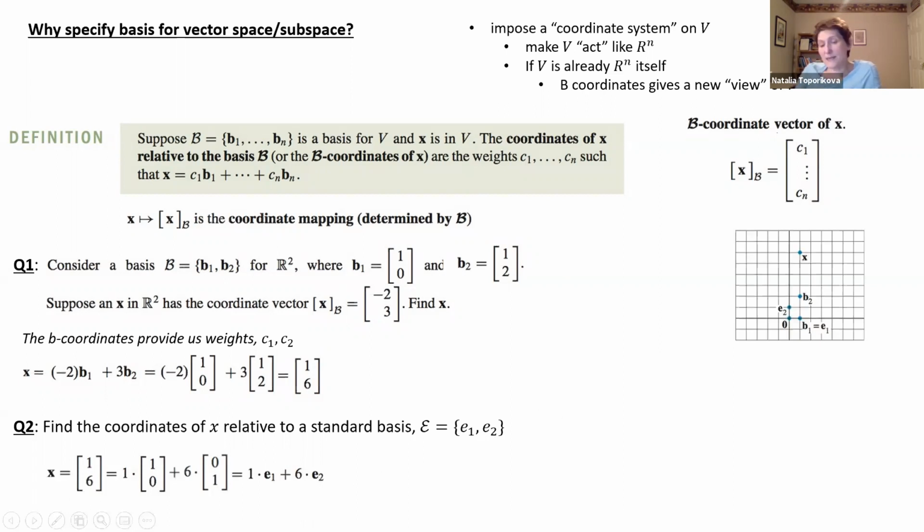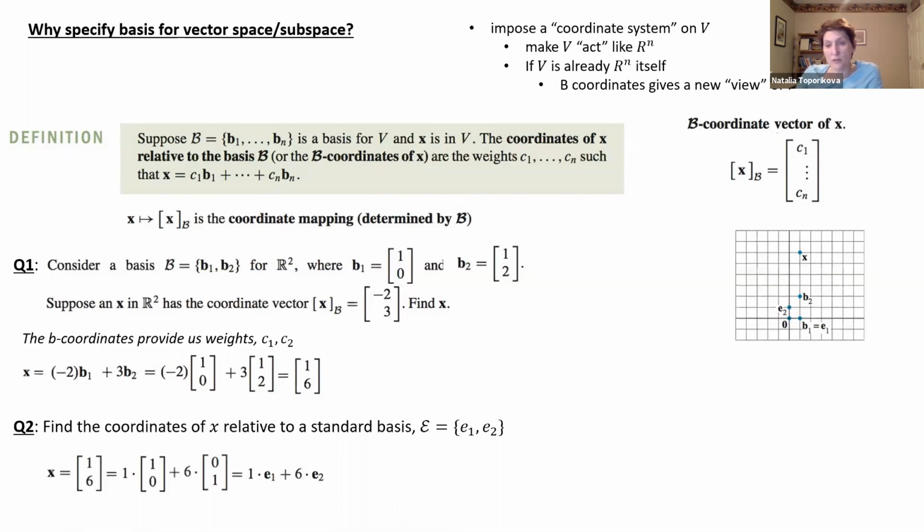So basically what we get here is our vector x in the normal standard basis will be just one step to the right toward the vector E1 and 6 steps up along the coordinate E2, and we can define our vector x.